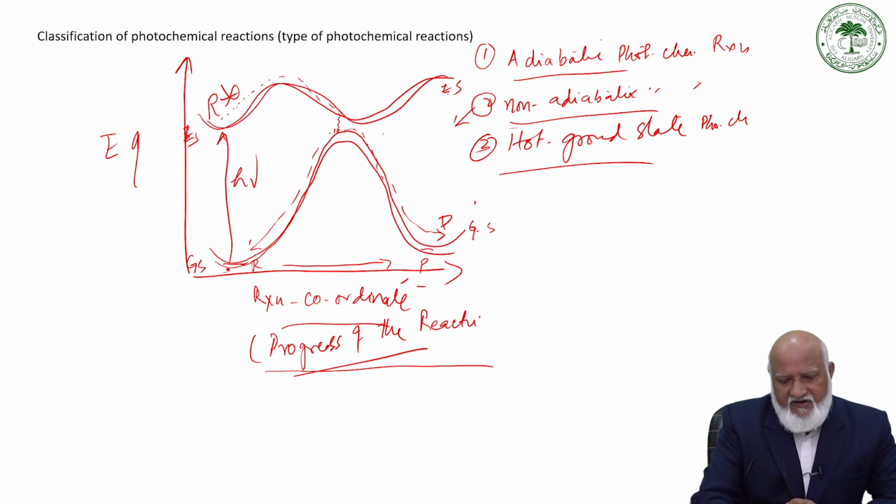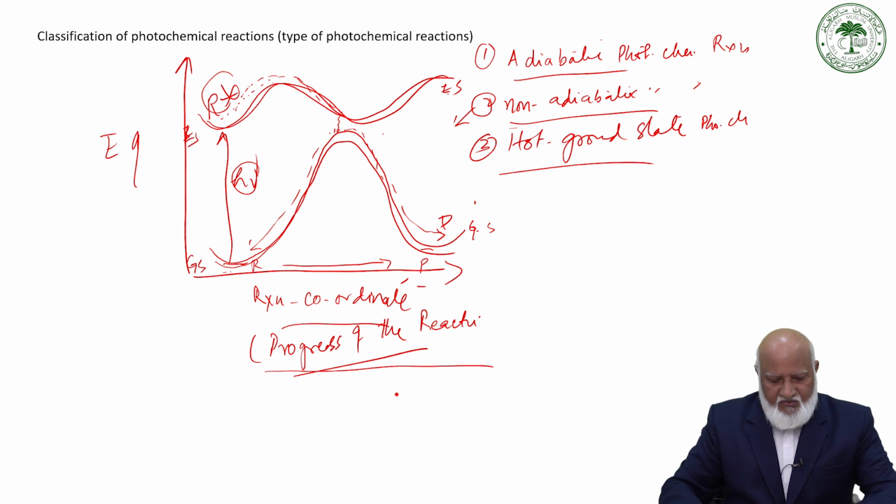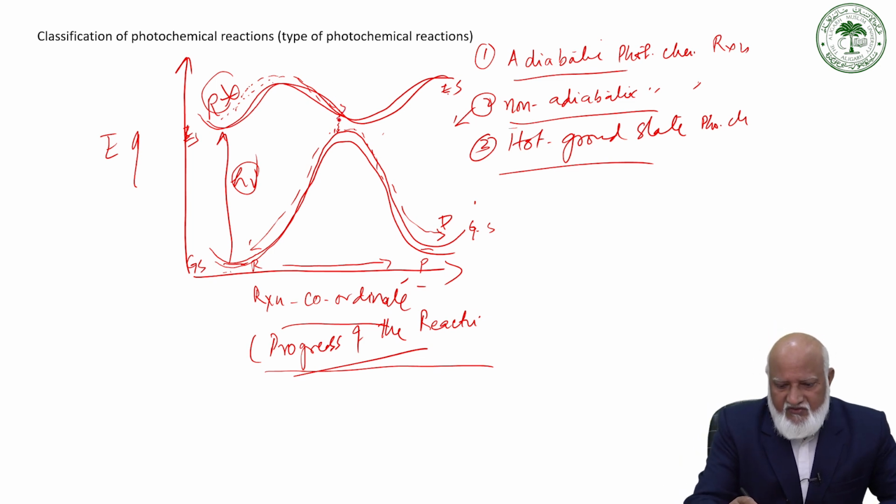The reactant in the ground state on absorption of light goes to the excited state, and then the excited state reaction proceeds, and during the course of the reaction, both the ground state curve and the excited state curve come very close to each other, and then there is a switching over of the excited state reactant to the ground state curve, and the rest of the reaction takes place on the surface of the ground state. Then there are two possibilities: the reactant can come back to the ground state, or it can transform to the product.